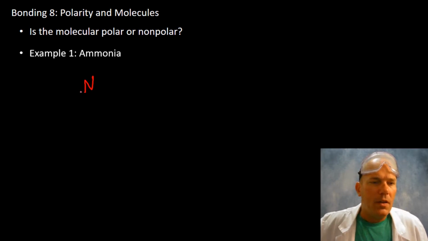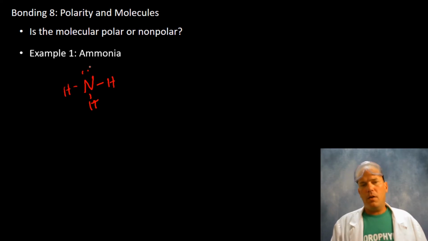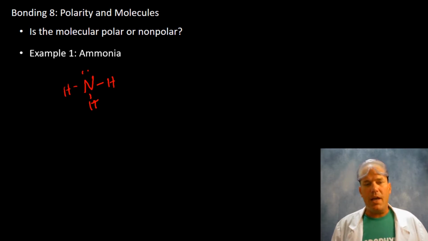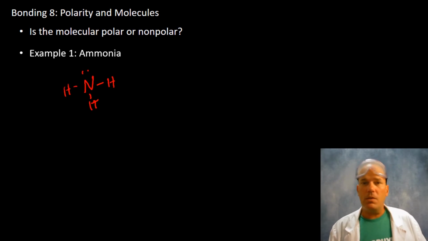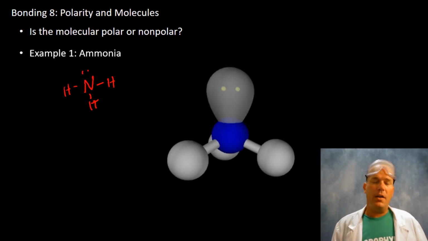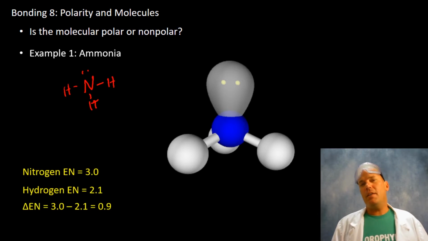Okay, all right. Here's the overall structure. Then say, how many clouds does it have? Okay, it has 4. Well, does it have any lone pairs? Sure it does. All right, so now let's look at the 3-dimensional form of this, okay?